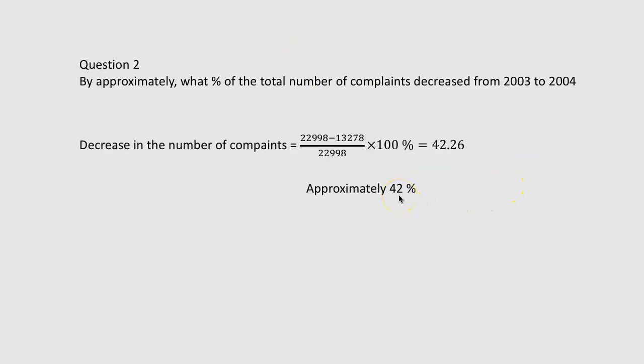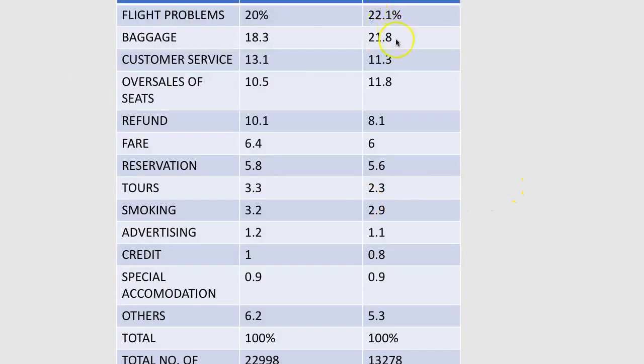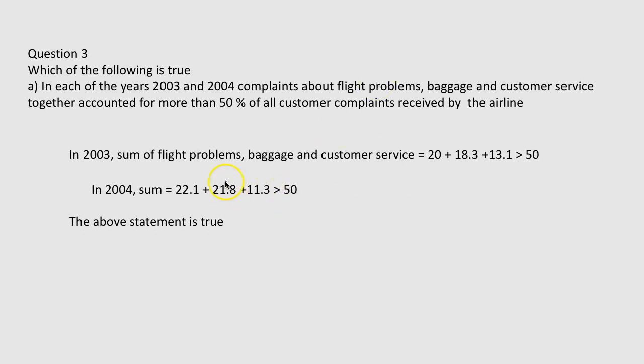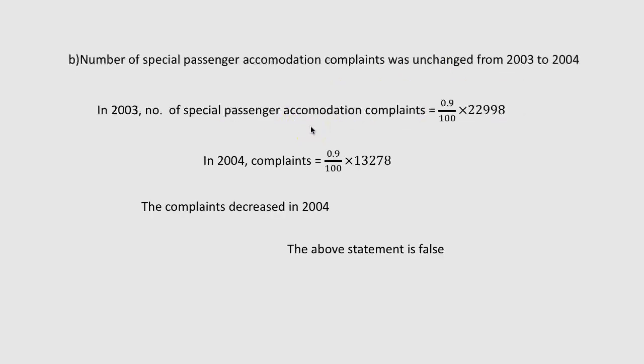In 2004, the sum was 22.1 plus 21.8 plus 11.3, which is again greater than 50. So the above statement is true, that is the number of complaints about flight problems, baggage and customer service in both the years accounted for more than 50%.